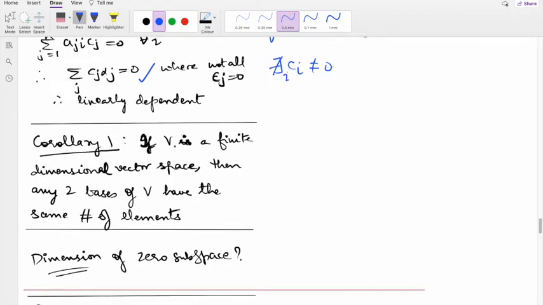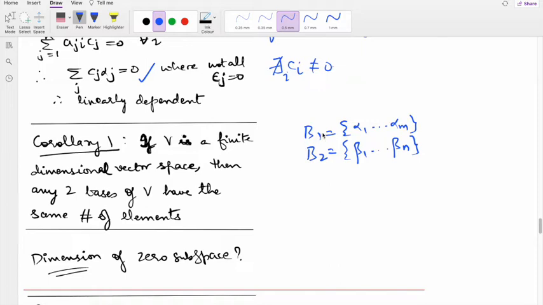So let's say I have a vector space V which is a finite dimensional vector space. Then any two bases of V have the same number of elements. So I have two bases, let's say B1 and B2. I choose alpha 1 to alpha m for B1 and beta 1 to beta n for B2.